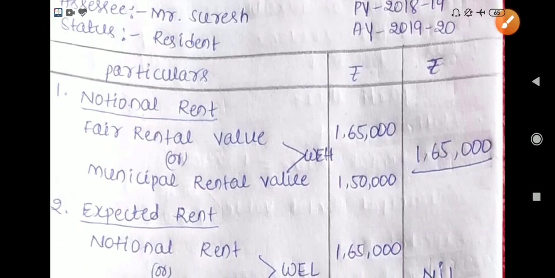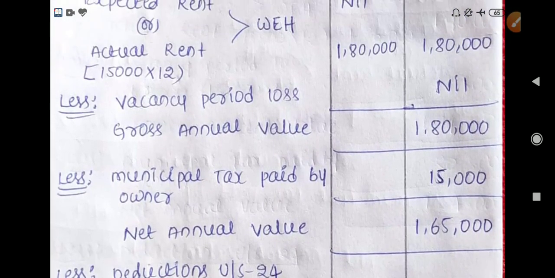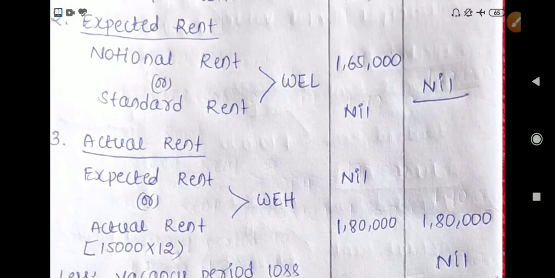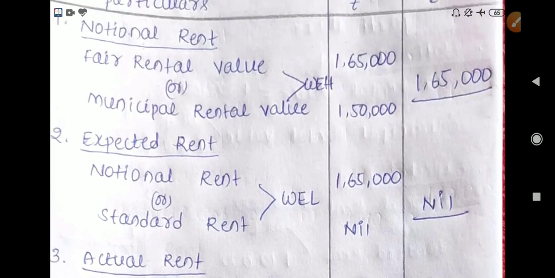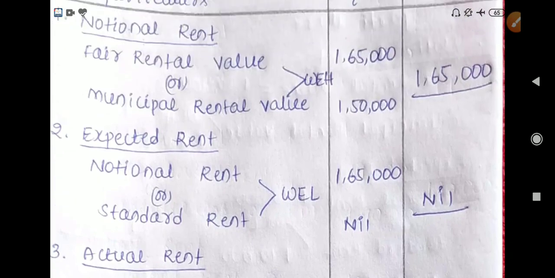And next I have mentioned one particular column and two columns for amount. Here first we need to calculate gross annual value. In order to compute that, we need to follow three steps. One is notional rent, second one is expected rent, and third one is actual rent.